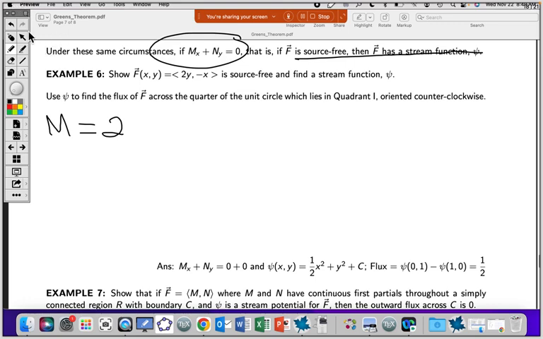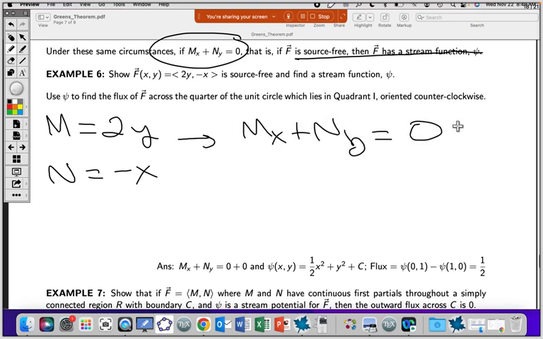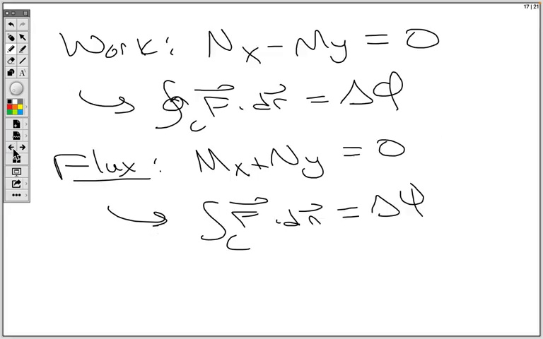So our m here is 2y, our n is minus x, and sure enough, as we saw, mx and ny were both 0. So mx plus ny is equal to 0. That means that there's a stream function. So for my stream function, psi x is, well, let's look.